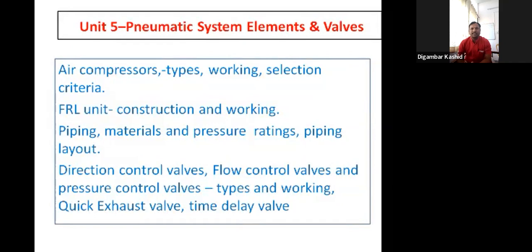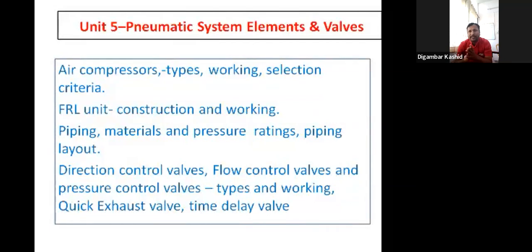As we discussed in unit number 2, we covered the elements and valves of the hydraulic system, including the intensifier, accumulator, valves and the pumps. Similar to that, in this unit number 5 we are going to discuss the remaining elements of our pneumatic system, that is the filter, regulator and lubricator.